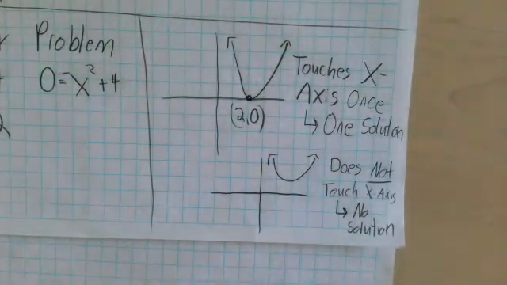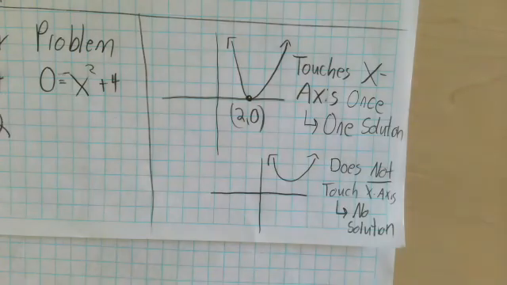If your line touches the x-axis only once, there's only one solution, as it does in this example here. If your parabola doesn't cross the x-axis at all, there is no solution.